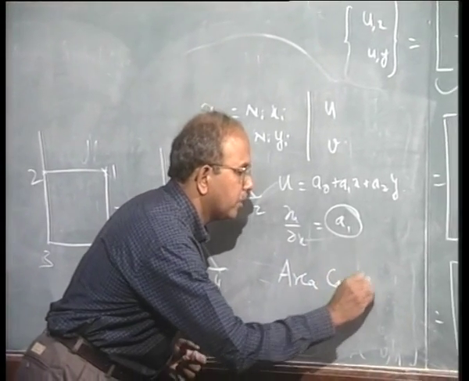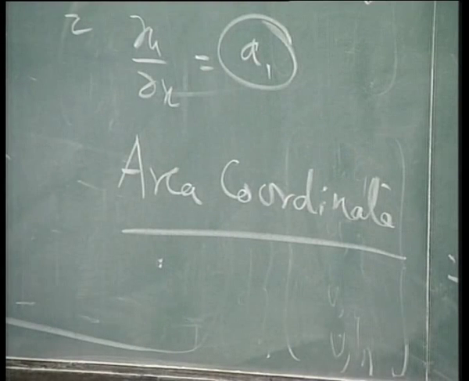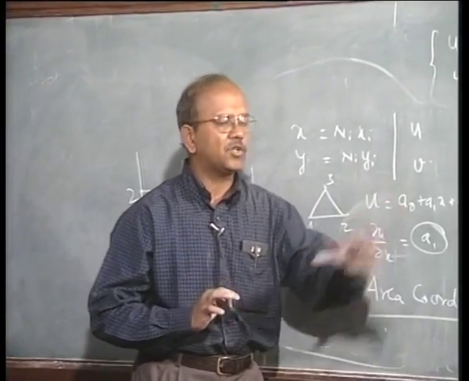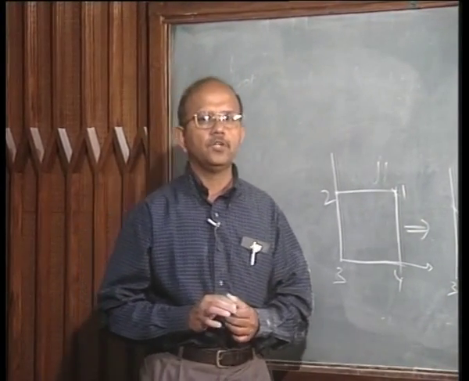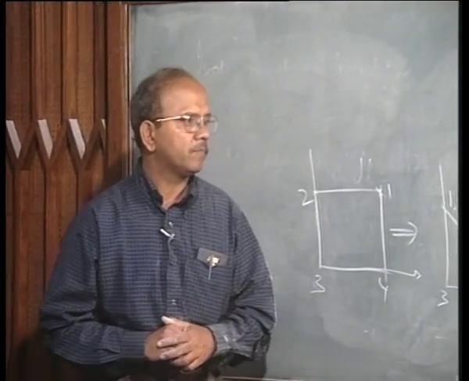The area coordinate system is some sort of a generalization or an extension of the natural coordinate system which we have in place right now. So the second way of doing it is by the area coordinate system.